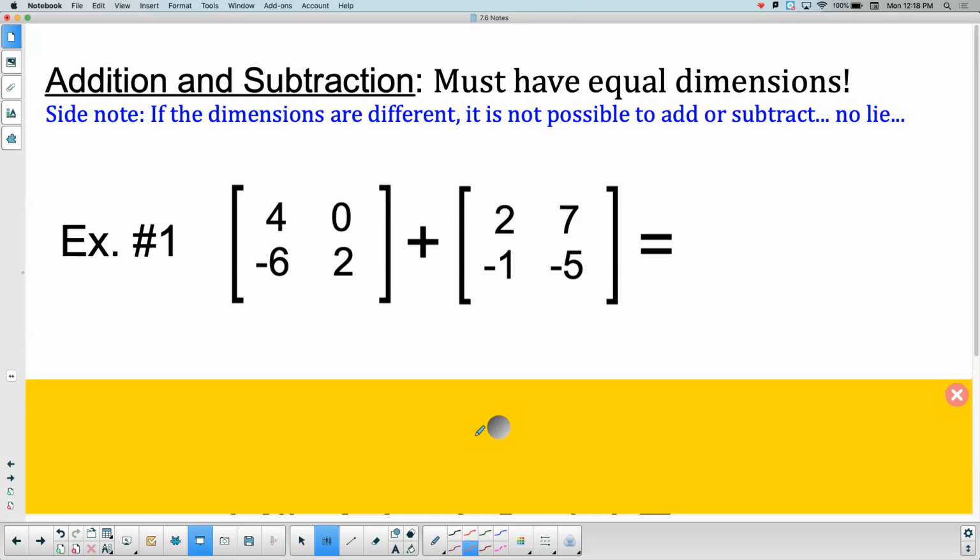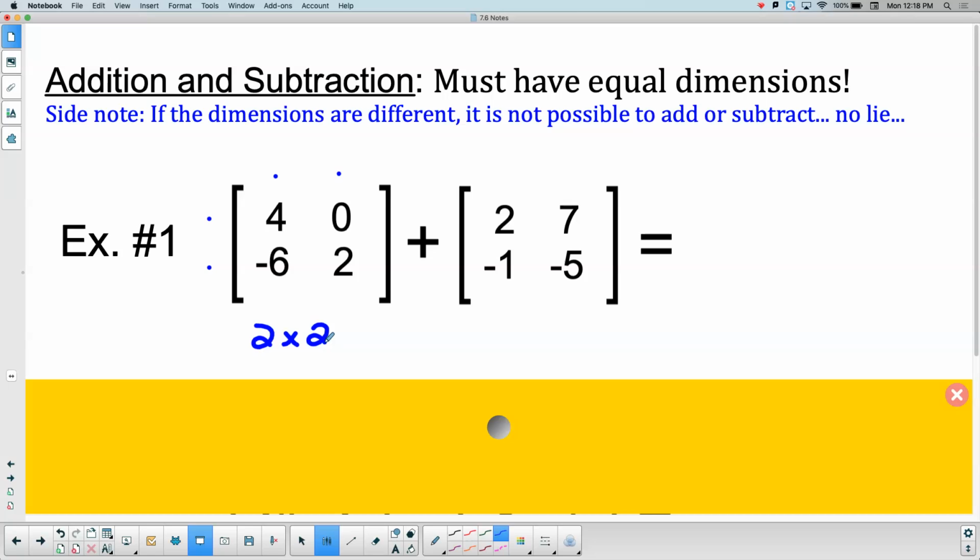The first thing that you need to check is if the matrices are the exact same size. If they're not, then you cannot add or subtract them. The dimensions of this first one, well, it has 2 rows and 2 columns, so it is a 2 by 2 matrix.